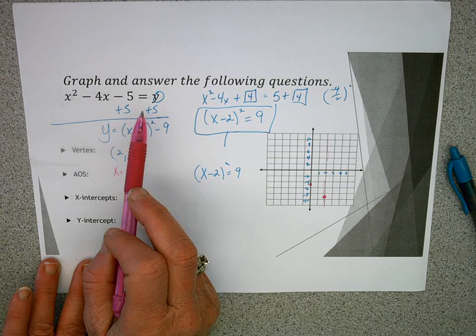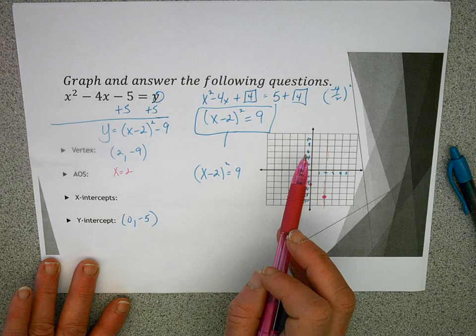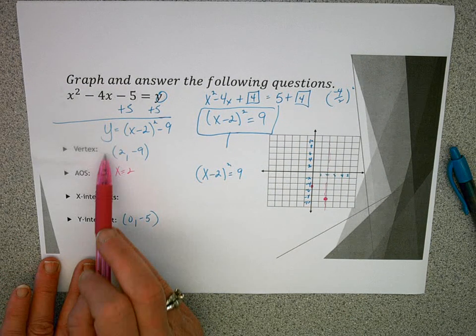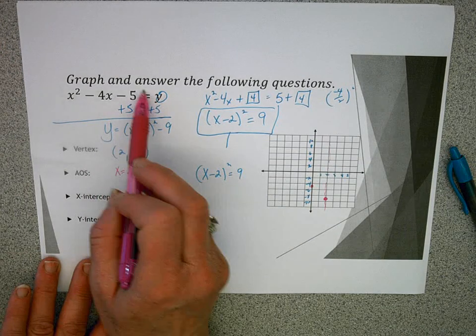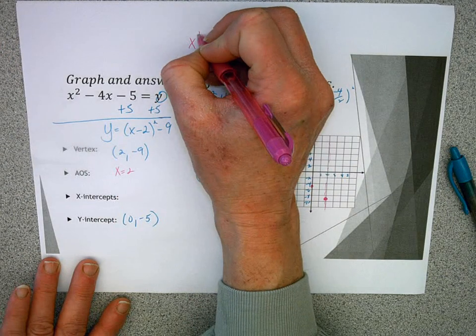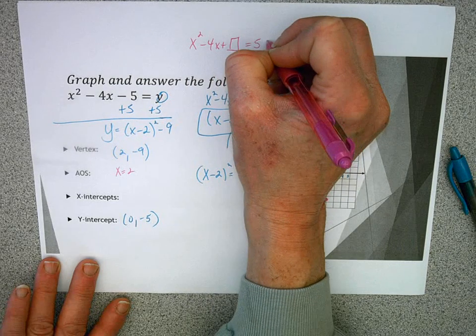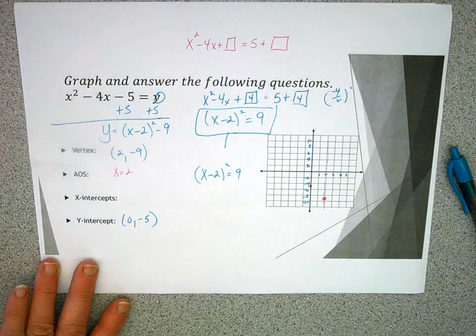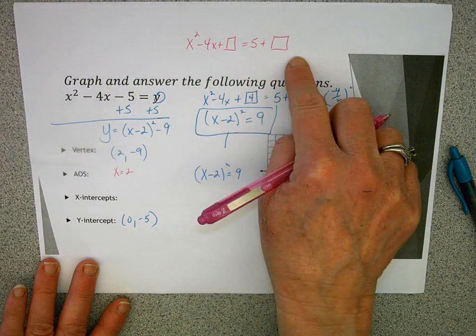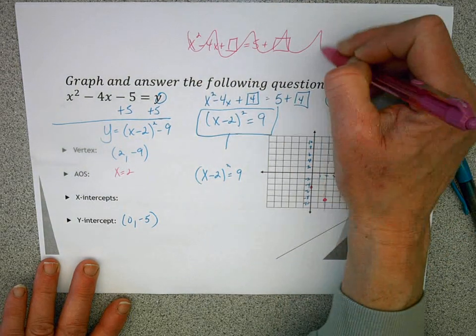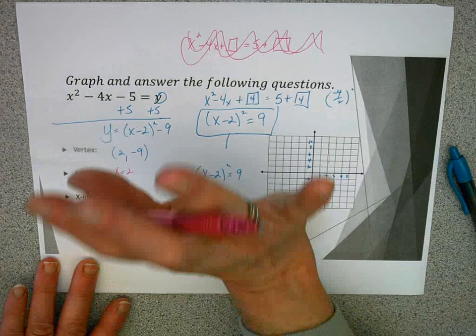So you don't have to turn it into vertex form to find your x-intercepts. It's just a little bit easier to find your vertex and line of symmetry that way. We did complete the square. Sorry, if you want to factor it and do it that way, you can.